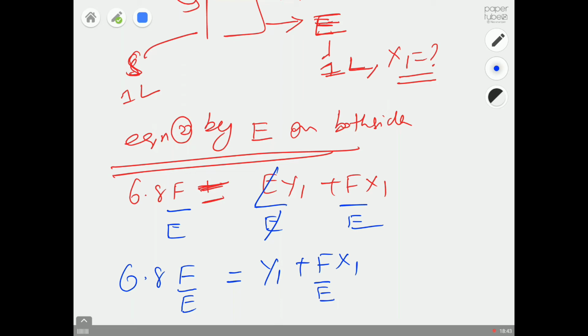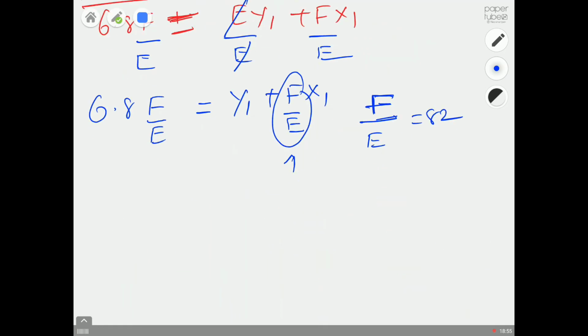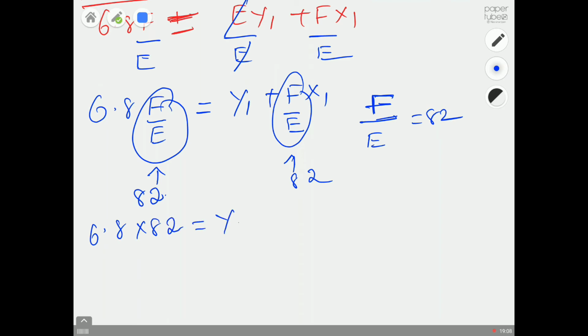I said to you this volume of carrier liquid to solvent is equal to 82, so F divided by E is equal to 82. So 6.8 multiplied by 82 is equal to y1 plus 82 into x1.